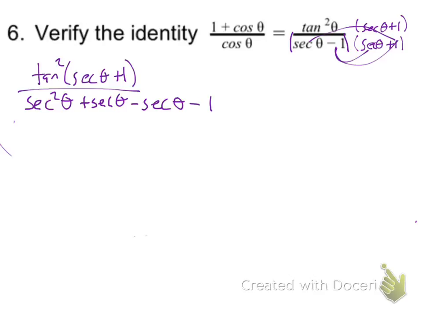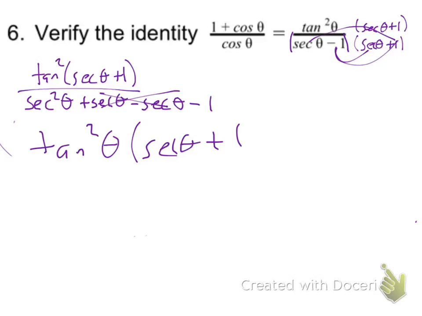The secant thetas will cancel, and that leaves me with tangent squared theta over secant theta plus 1, all over secant squared theta minus 1.